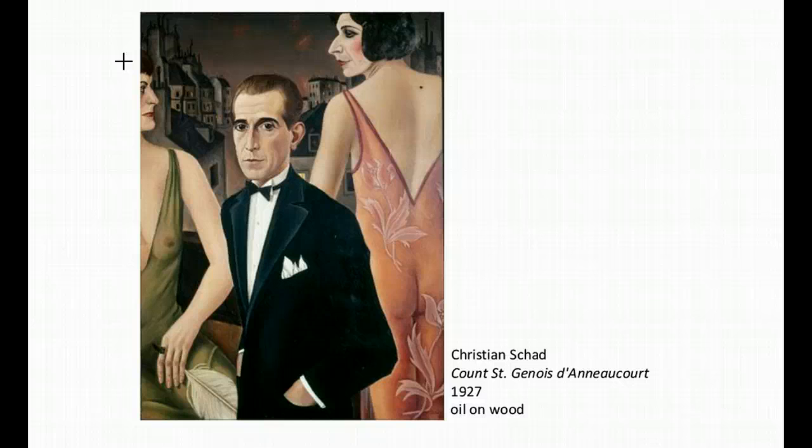Now, I say sexual freedom not just because here's this guy who's able to hire two courtesans at once. I say sexual freedom because one of these two women is actually a man in drag. The pink flowered, or flowered embroidered, probably, see-through gown is the representation of a male cross-dresser.